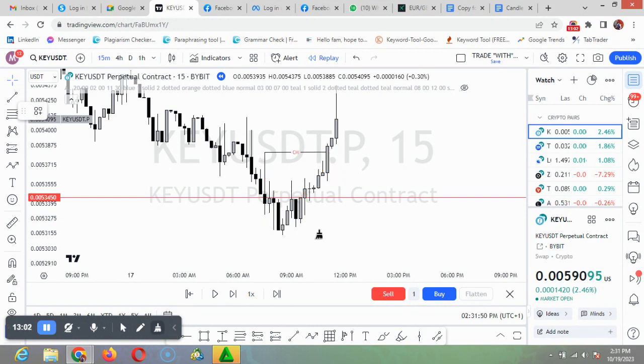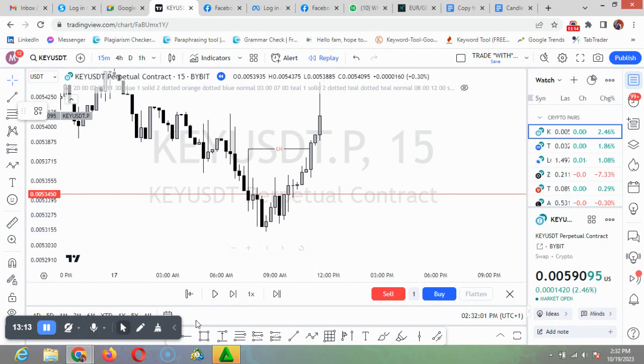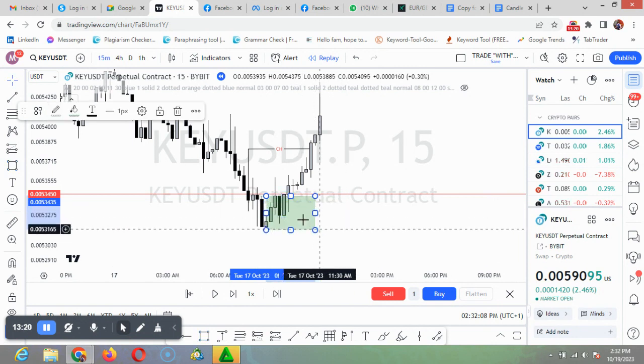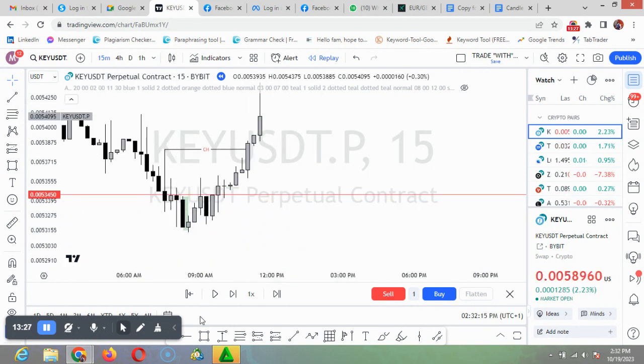Right now you want to find which candle was the last selling candle. If you look at it very well, it is obvious that this black candle here, the one in green, let me mark it very well, this black candle is the last selling candle.